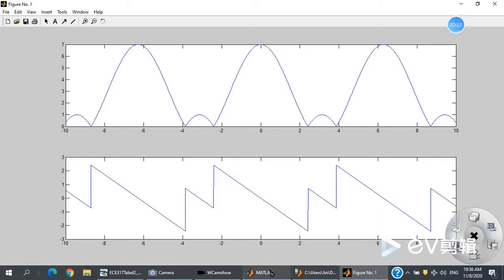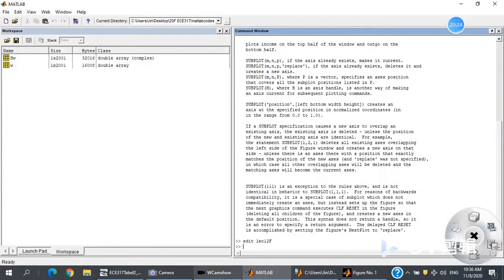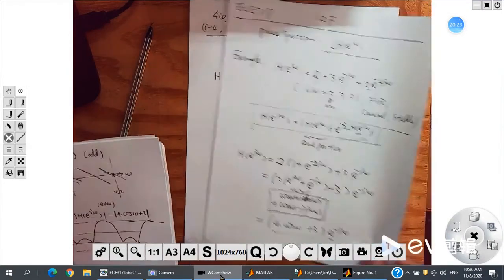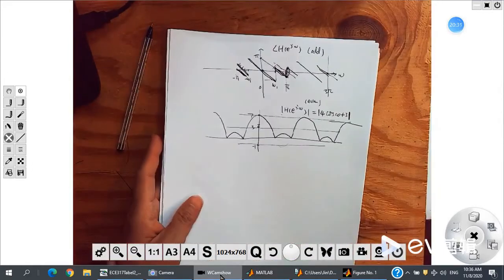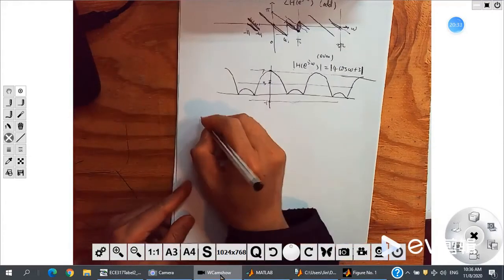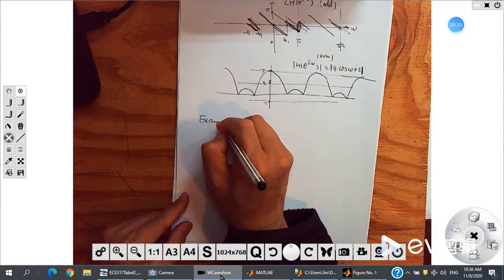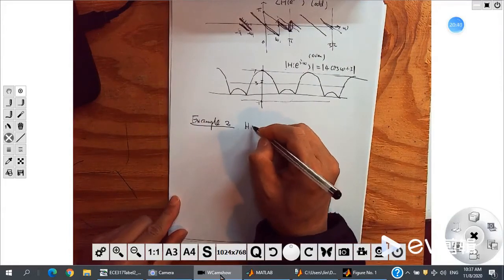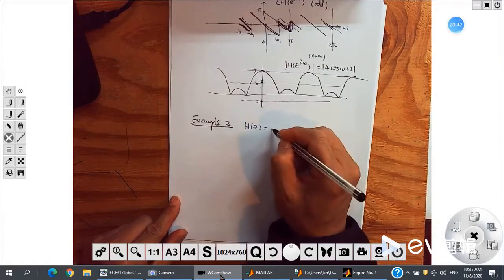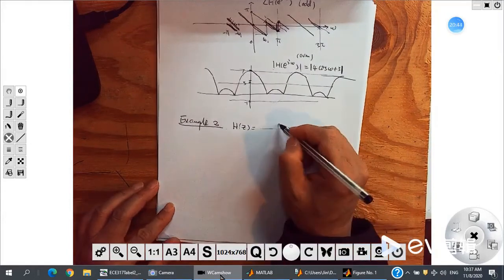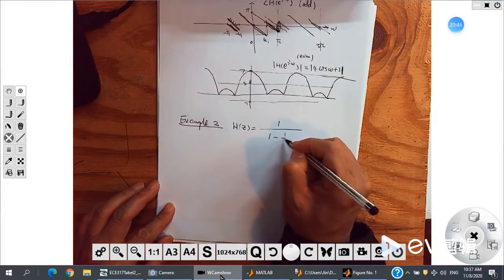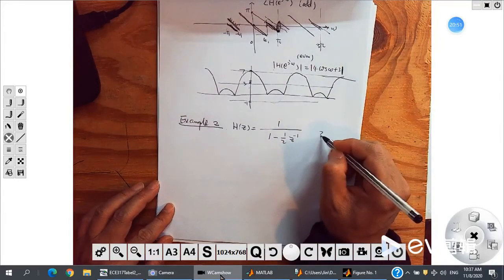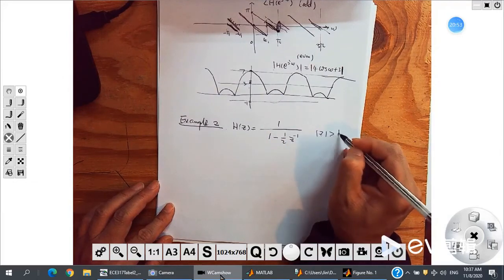And we can see another example. Example 2. I use H(z), an IIR filter, 1 over 1 minus 1/2 z to the negative 1. The ROC is z larger than 1/2.